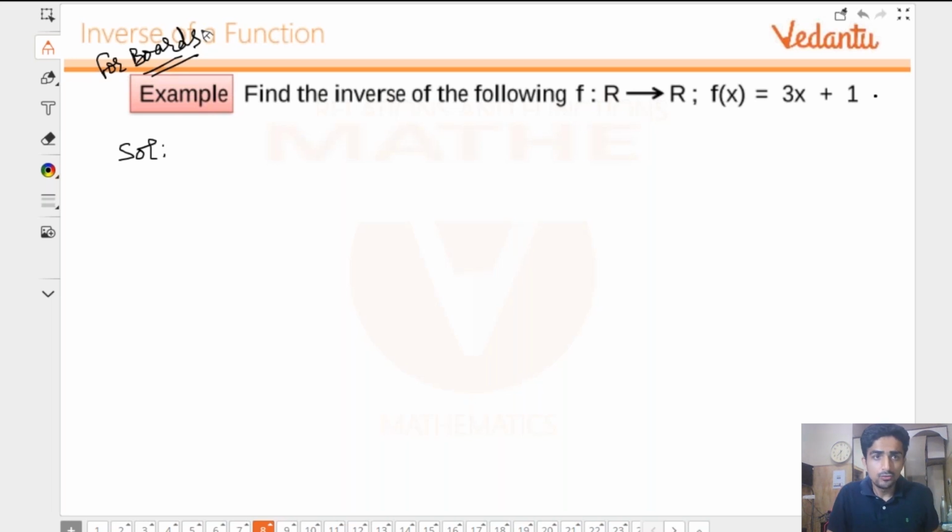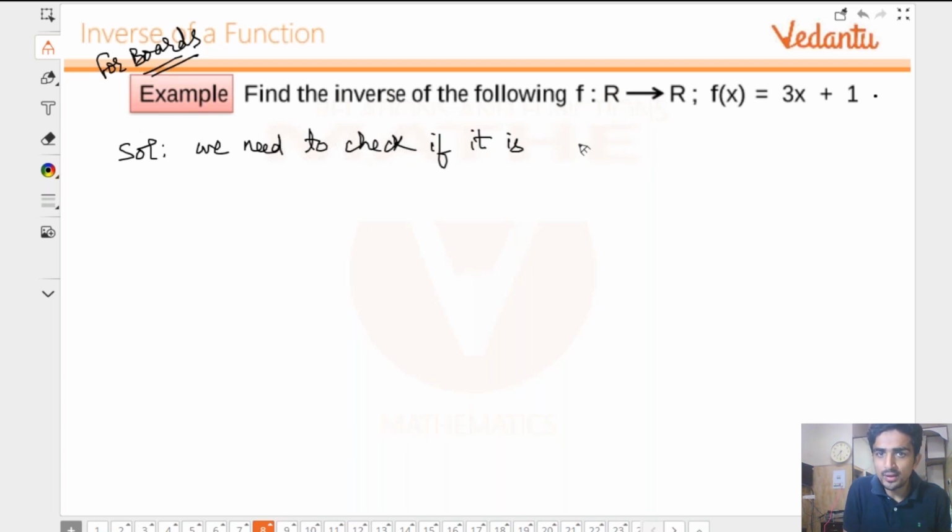Look, first of all, if the question comes find inverse of the function, then in boards, first you will say we need to check if it is 1 1 and onto. Because if it is not 1 1 and onto, you cannot find inverse. It has to be 1 1 and onto first.